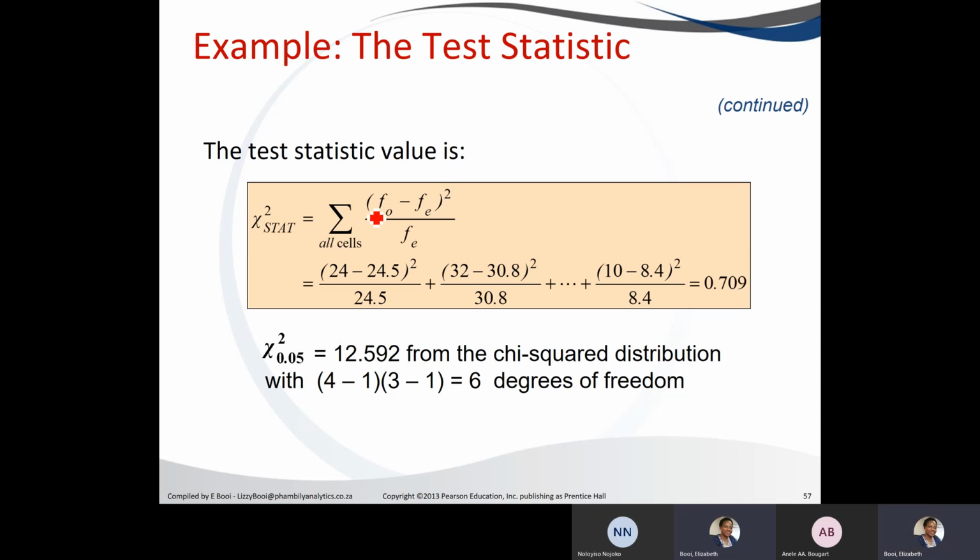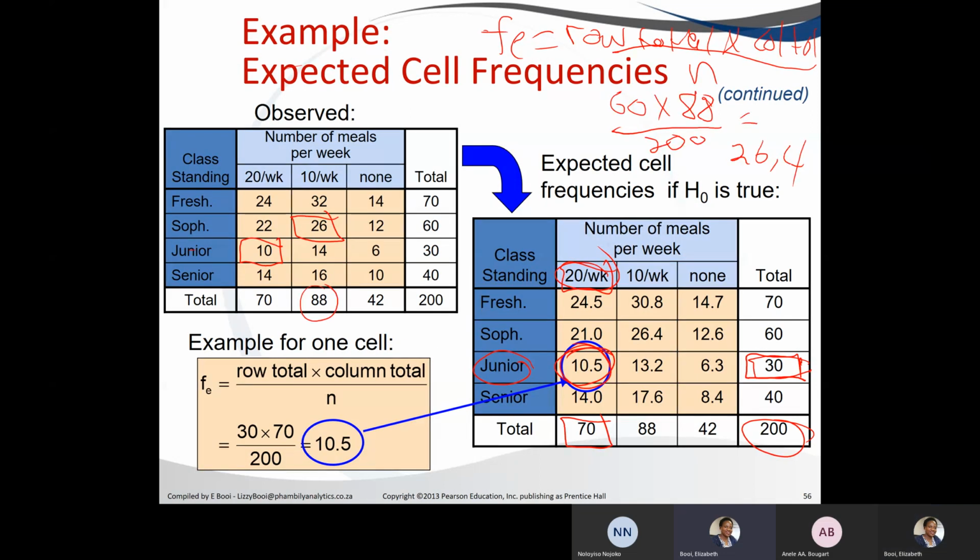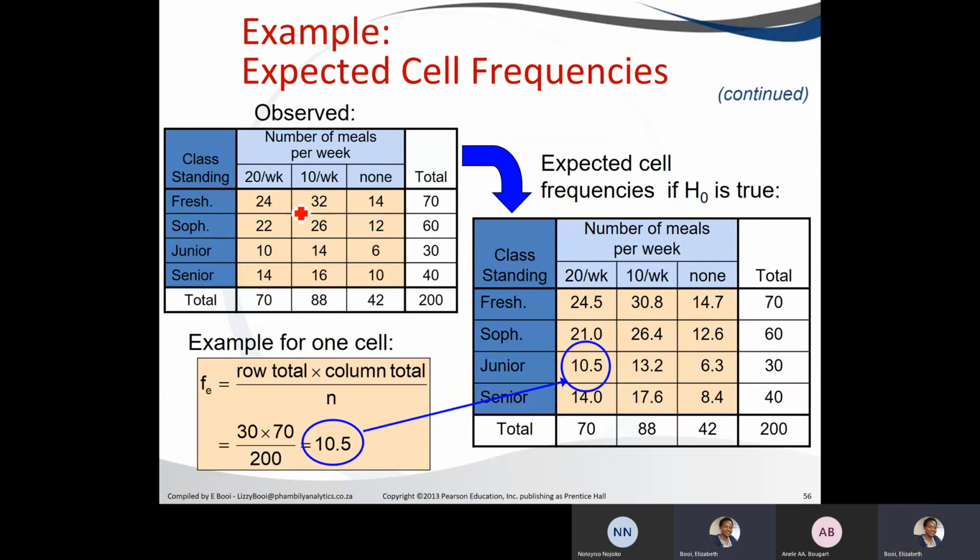Calculating the test statistic, remember, is your observed minus your expected, squared, divided by your expected. Going back here, our observed is 24. We're going to subtract 24.5.